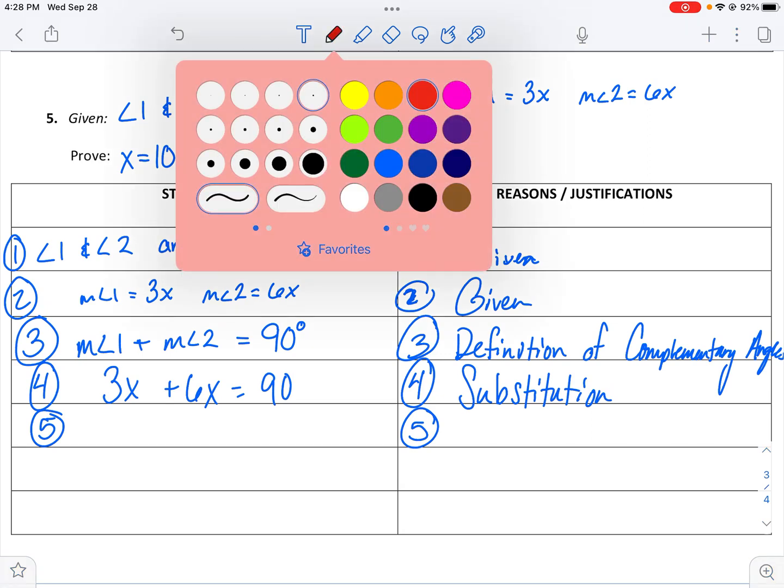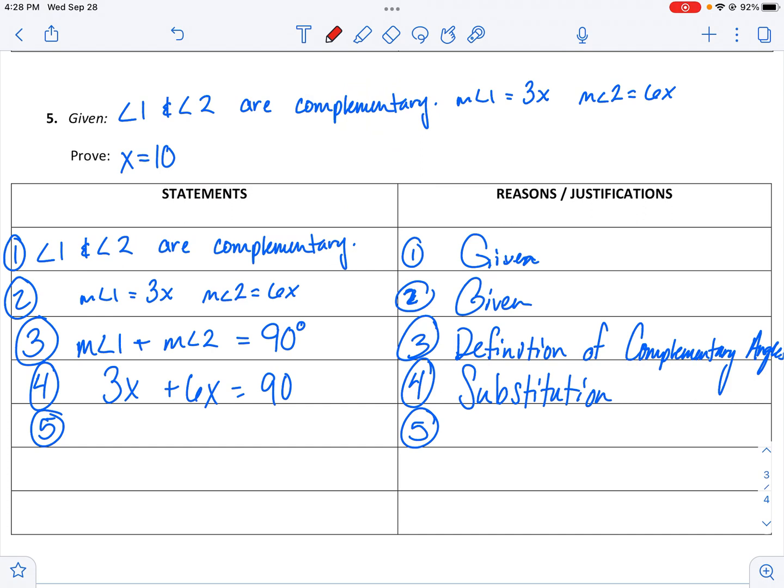Now, once I get to this step, it's all algebraic, and I need to ask myself, how would I solve this, and how could I explain my work to a reader or a classmate or a teacher? Well, the first thing that I would do is I would combine my like terms. So 3x and 6x becomes 9x, and I combined my like terms to get there.